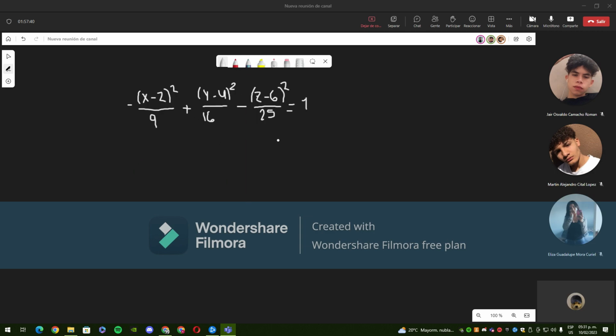We can calculate the centers with the square roots of those numbers.